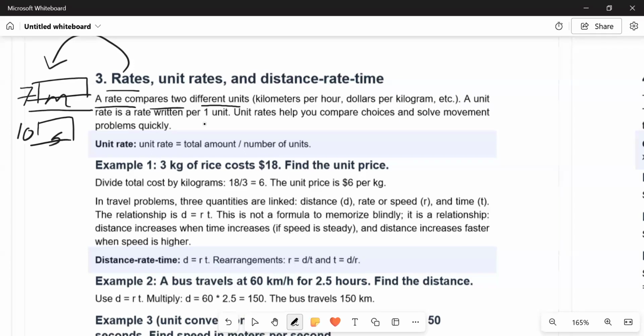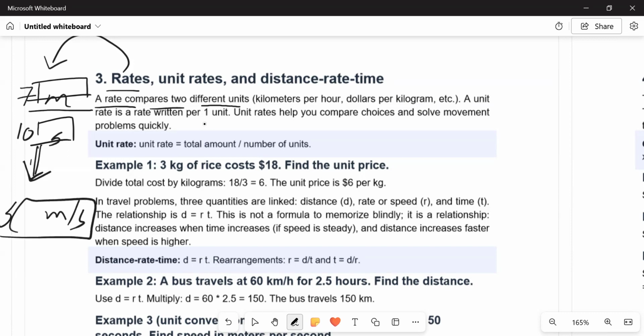Now the problem with this is that rate means per, which means you get the value for 1 unit. So if I divide 7 over 10, the value I get will be the amount of distance per second, which is meters per second.